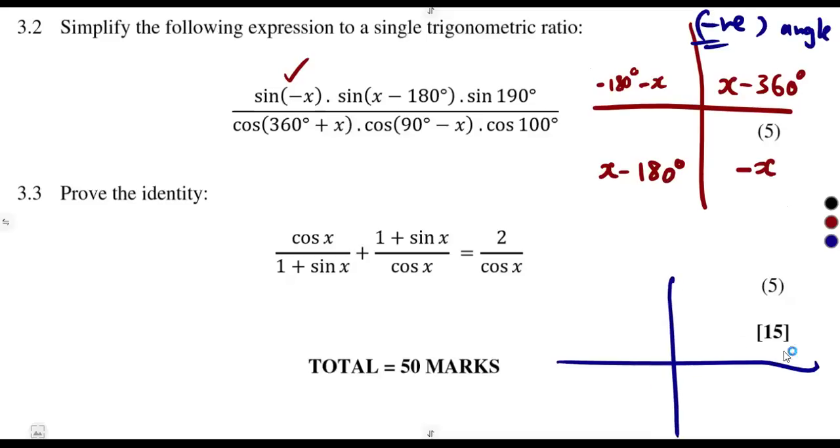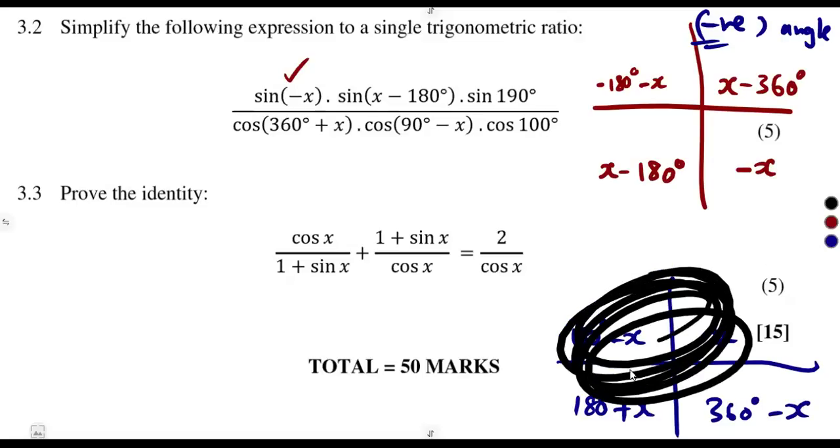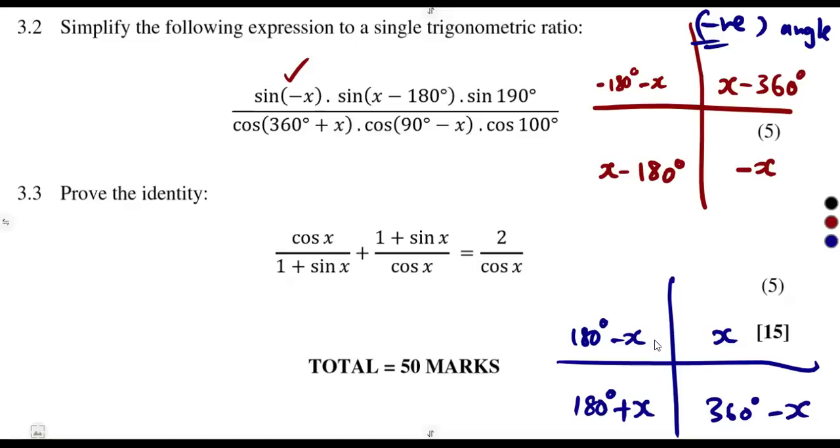For positive angles, this is X. This will be 180 degrees minus X. This will be 180 degrees. The ones that you are used to, 360 degrees. Guys, the way that you revise this part to understand that you know each and every quadrant, it is the same way even for the negative angles. It's only that your teachers don't tell you.